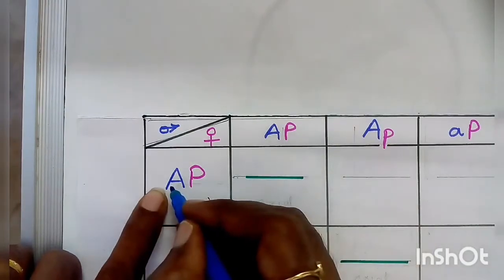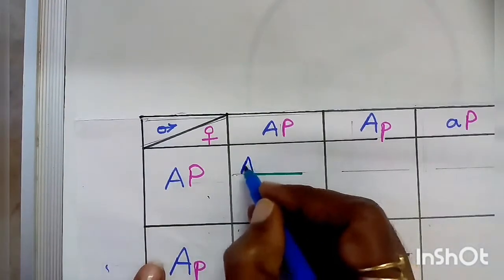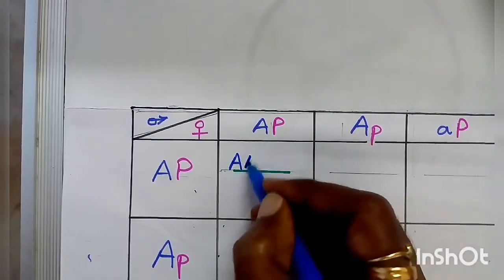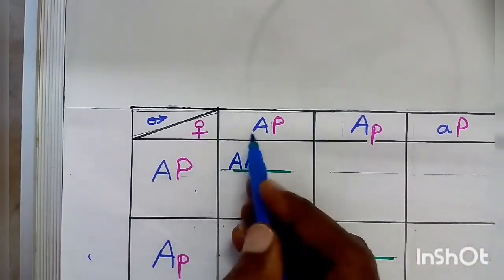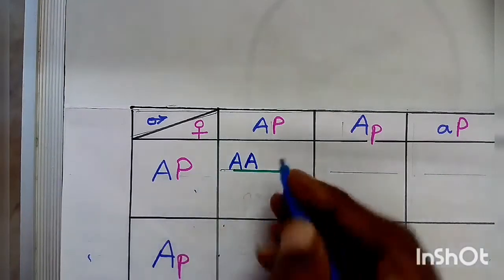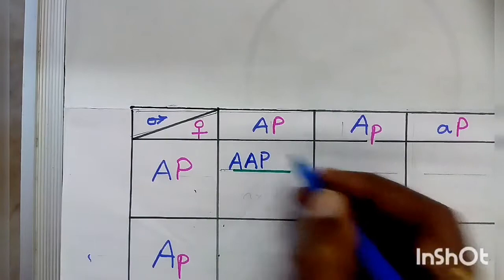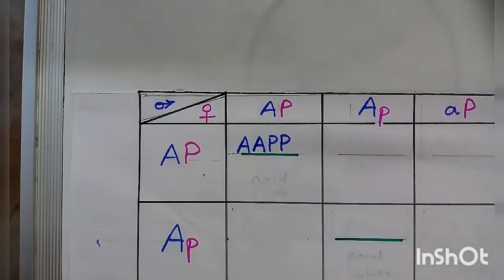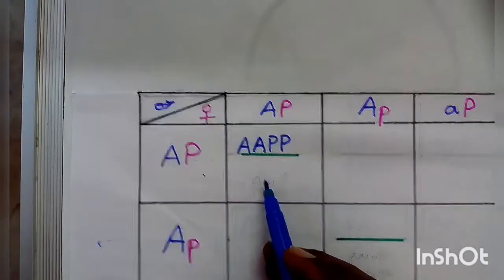So first we have written this capital A, and now we'll write this capital A. So A and A we have just written side by side. Then comes capital P and capital P. So this is our first progeny.